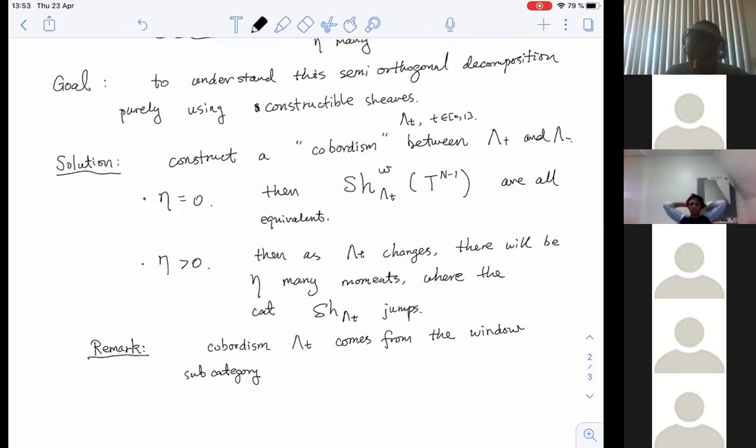This lambda t, this family of skeletons, their construction is inspired by the window subcategory on the B side.